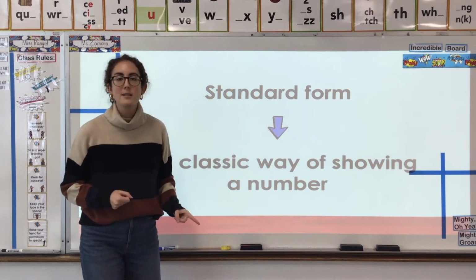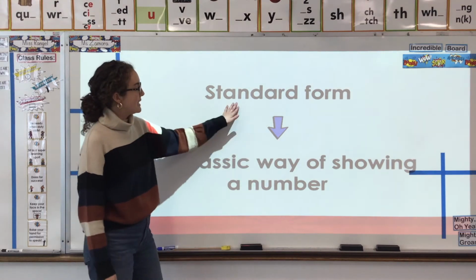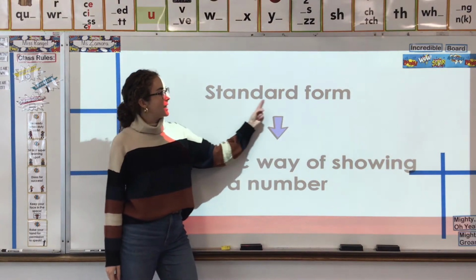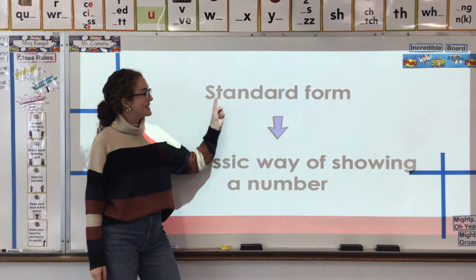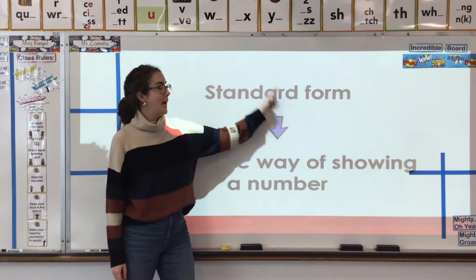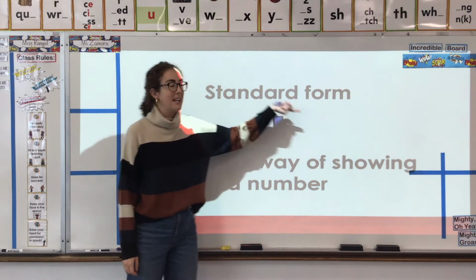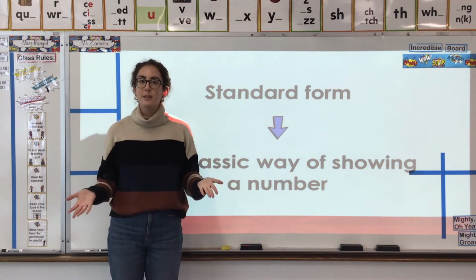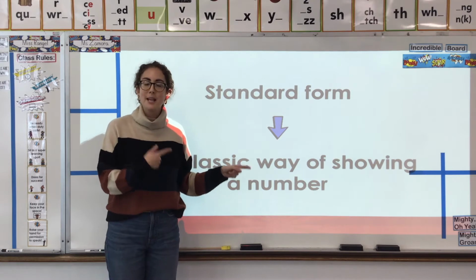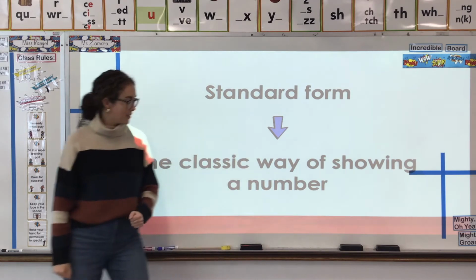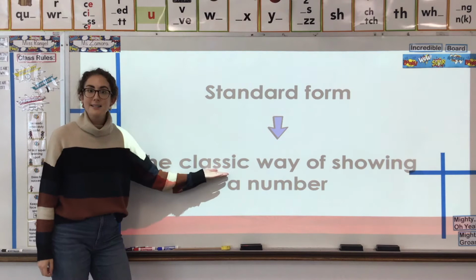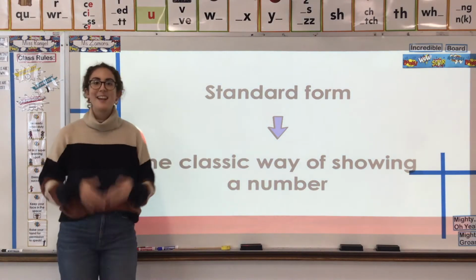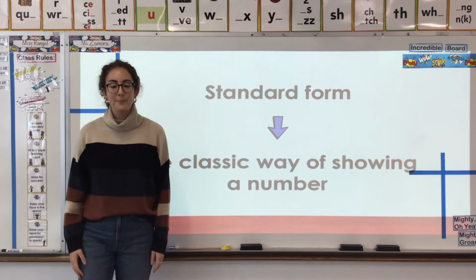One of the forms we saw in our learning chart. Standard form. Can you all say this with me? Standard, one more time, standard form. If something's standard, it's regular and everyone does it often, which is how we write numbers. Just with digits, it's standard. Or the classic way of showing numbers. Classic is something that happens again and again.